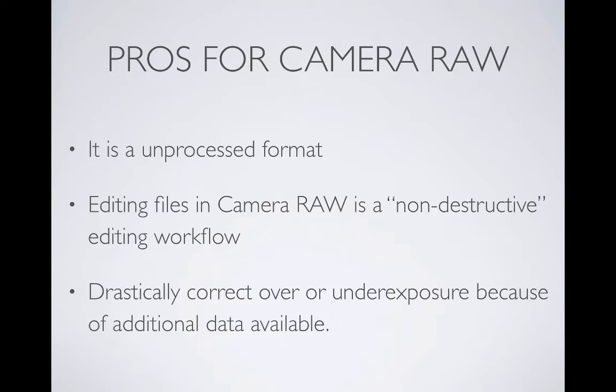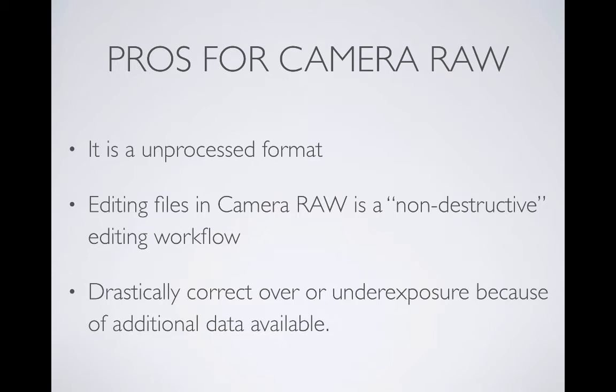Editing files in Camera RAW is a non-destructive editing workflow, and what that means is when you edit RAW files, you are not changing any of the information from the original file. You are adding adjustments on top of it.